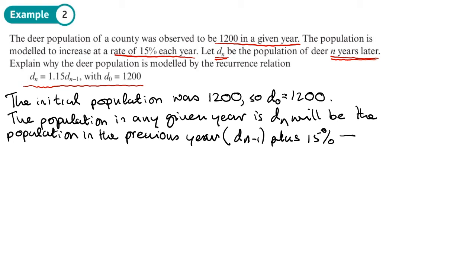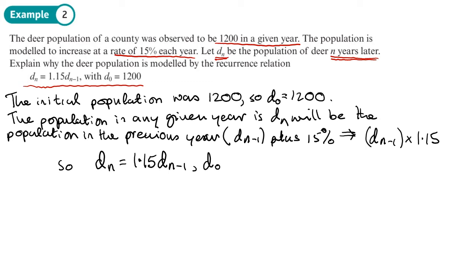So that's the same as taking the population in the previous year, dn minus 1, and multiplying it by 1.15. So that basically gives what they've asked for. The deer population in the next year is an increase of 15% of the deer population in the previous year, where the initial population is 1,200. So we've just proved that as required.